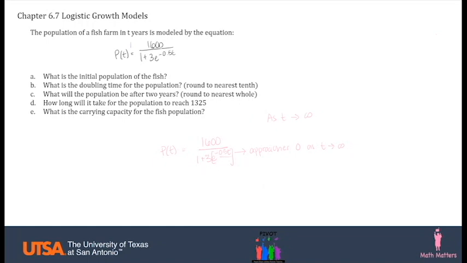So if this eventually becomes 0 as our t gets bigger and bigger, then 3 times 0 is just 0. So we have 1600 over 1 plus 0. And this just simplifies to 1600. So essentially what this means is, as t approaches infinity, as time goes on, our population is going to level out to 1600 fish.